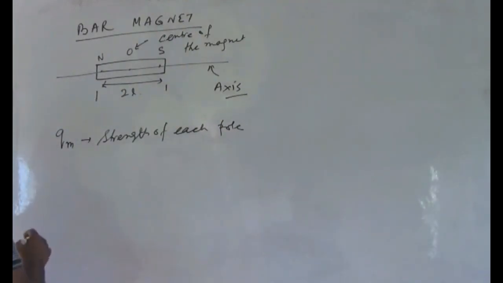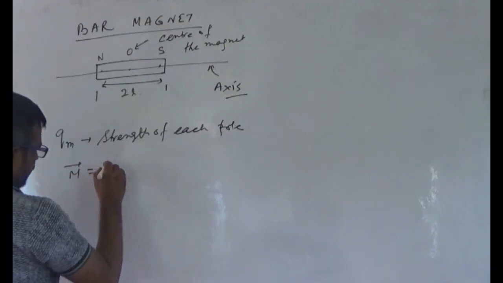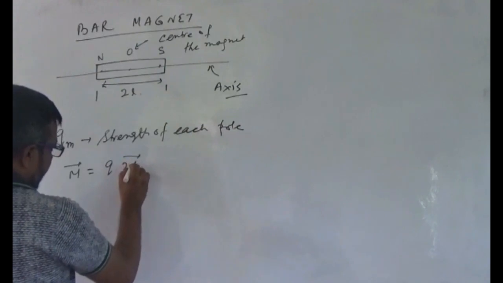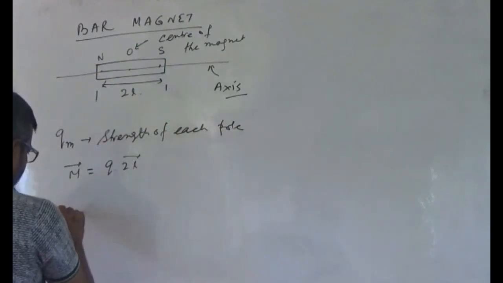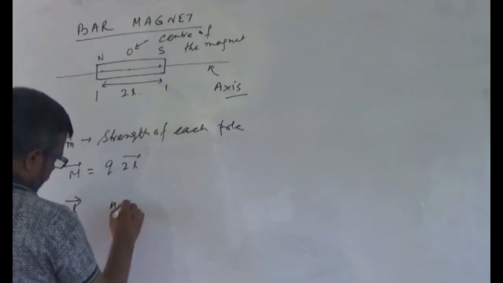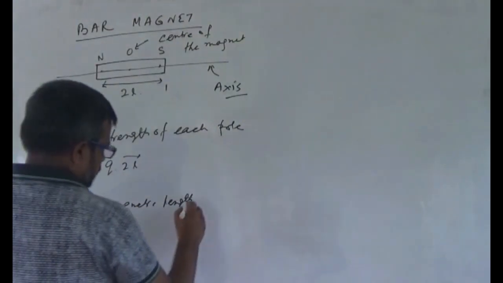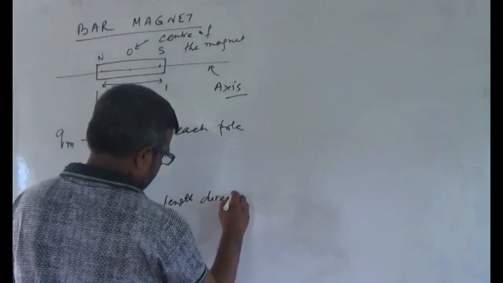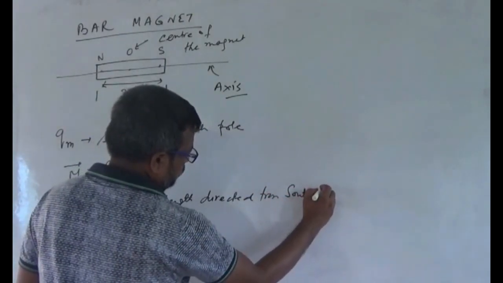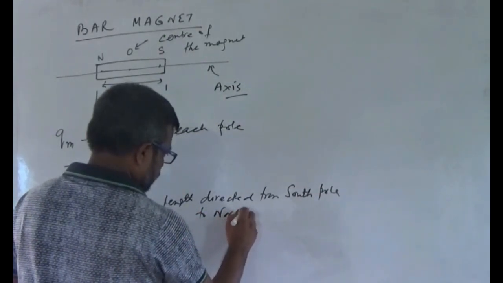And the quantity M, which is a vector quantity, is Qm into 2L, where this 2L vector is the magnetic length directed from south pole to north pole.